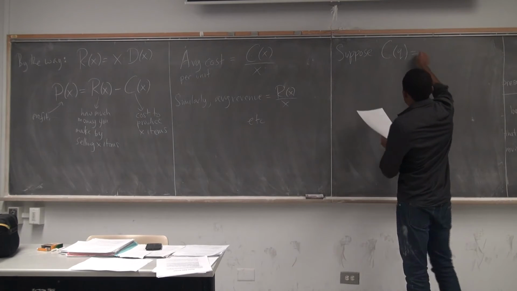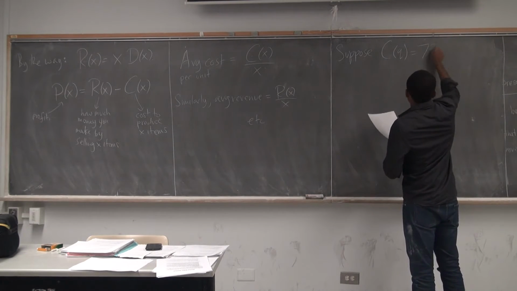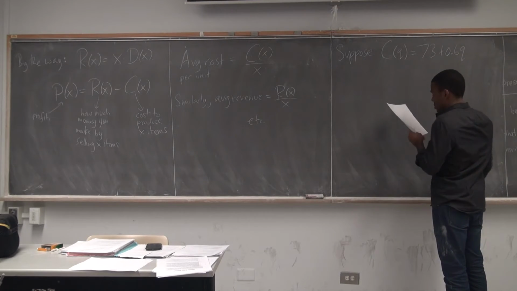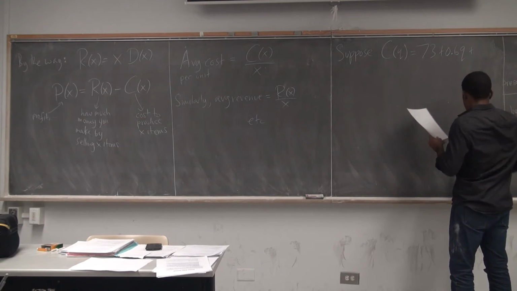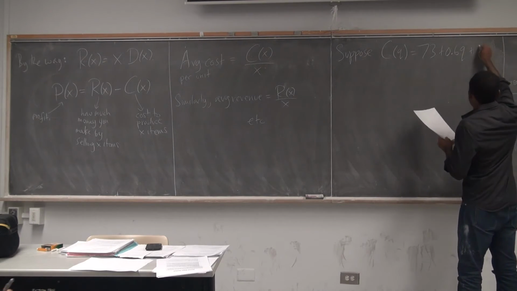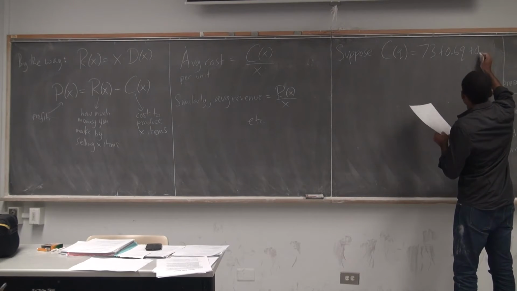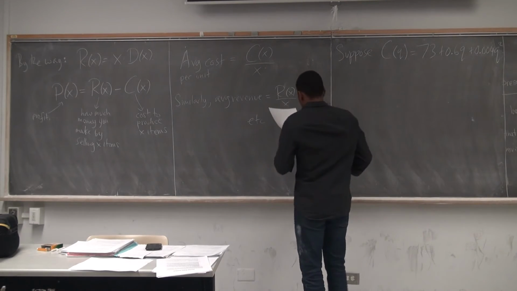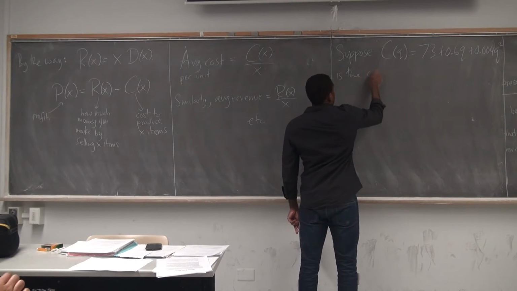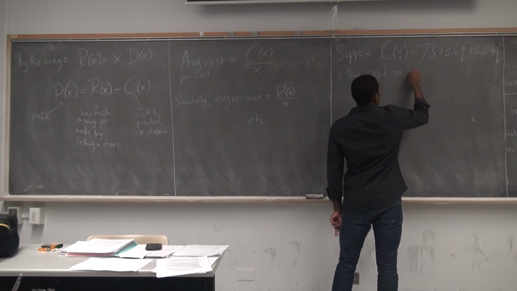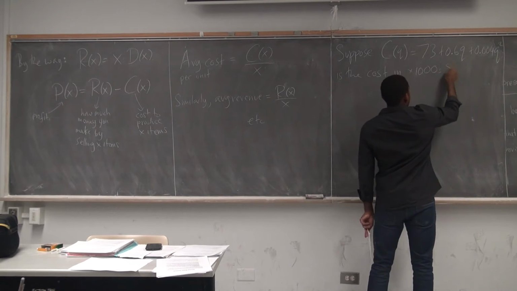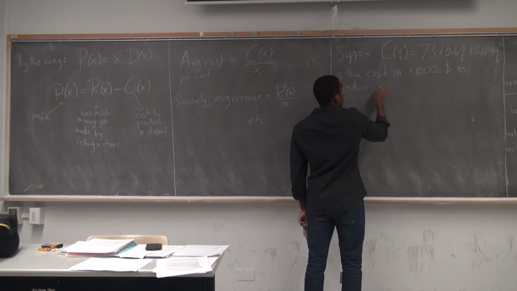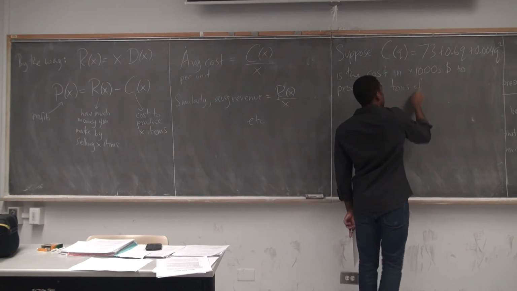Suppose C of Q equals 73 plus 0.6Q plus 0.004Q squared is the cost in thousands of dollars to produce a few tons of copper.